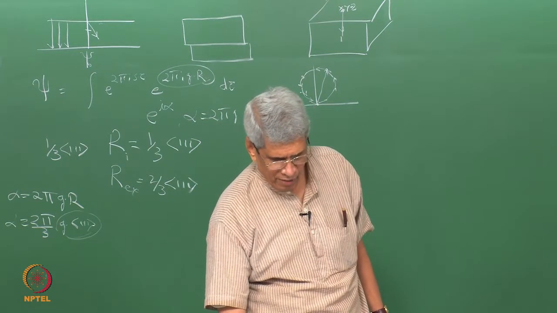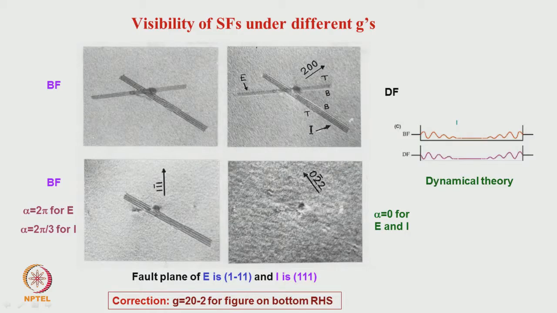Now this is vanishing with respect to, because here it is a mistake, that is why I had just written it here. Then, using the dynamical theory of diffraction, the contrast has been calculated. That part of it I am just not talking about because that is beyond the scope of this class.